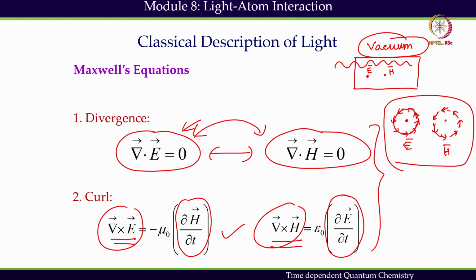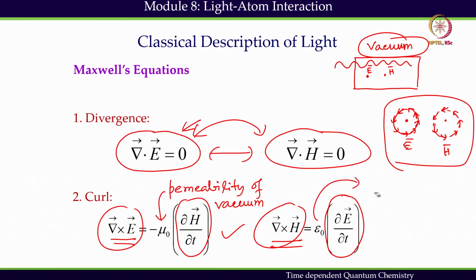In these equations, mu naught is the permeability of the vacuum and epsilon naught is the permittivity of vacuum.